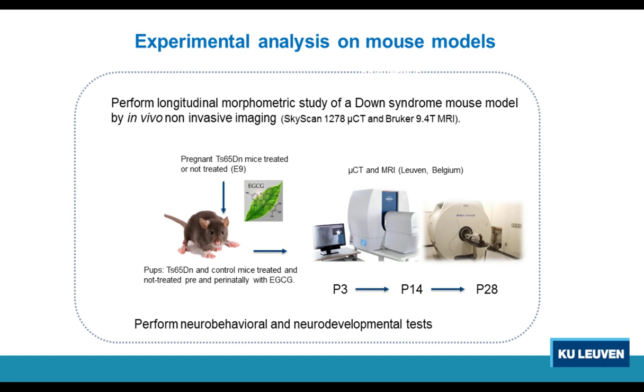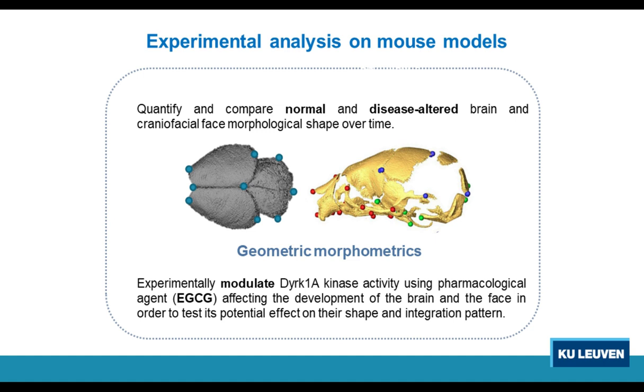So in order to test this hypothesis, we set out to do this on mice. There's a mouse model for Down syndrome, and to do this, we can scan them with both CT and MRI. That's what we did here in Leuven with the team. On mice, you can make really controlled experimental settings. Then we looked together with Neus and the colleagues here at the brain shape and also at the skull shape.